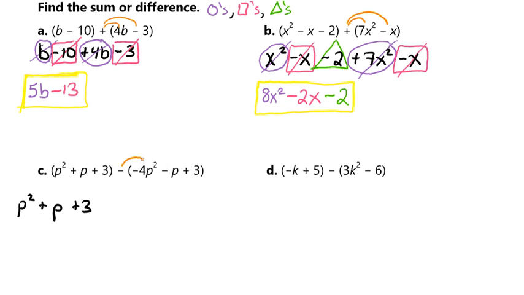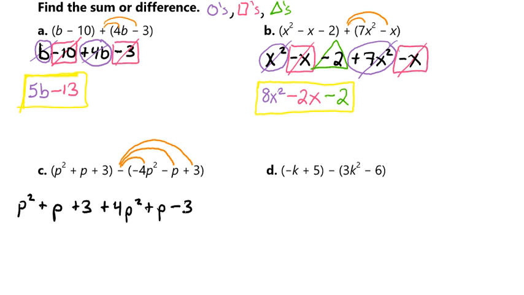When I distribute the negative to the negative 4p squared, a negative times a negative is a positive, so we'll have plus 4p squared. When I do the negative times negative p, a negative times a negative is a positive, so I'll have plus p, and then I'm going to do negative times 3. So a negative times a positive is a negative, so this will be minus 3.